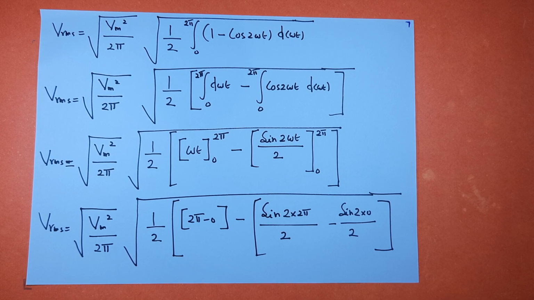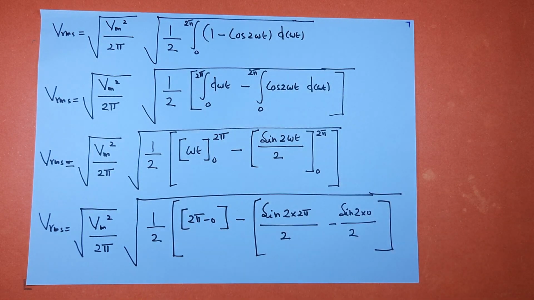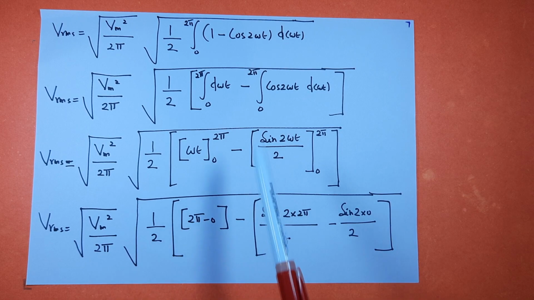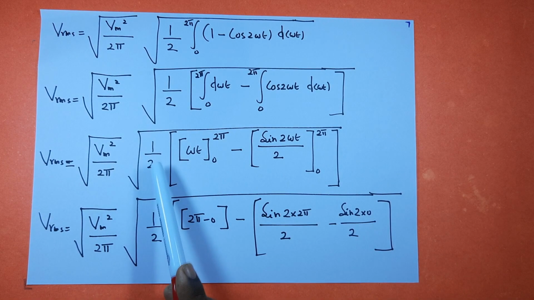So I can split this integral into two parts. First one is going to be integral 0 to 2 pi d omega t minus integral 0 to 2 pi cos 2 omega t d omega t.